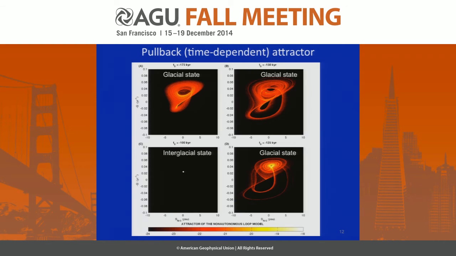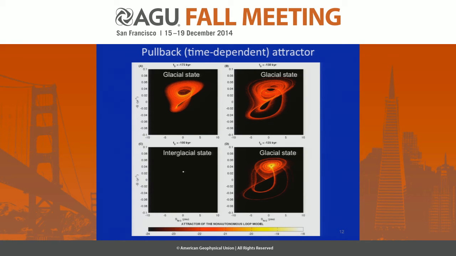And so we obtain different attractors for different states. For the interglacial state, think about the Holocene, it's just one point, one stable state. But for a glacial state, we produce various chaotic attractors, and a pullback attractor basically gives you a probability to find your state in this phase space diagram.